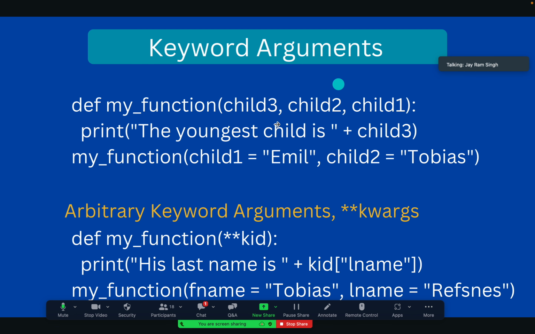Next is keyword arguments. Here I have written child1 equal to Emil, child2 equal to Tobias.